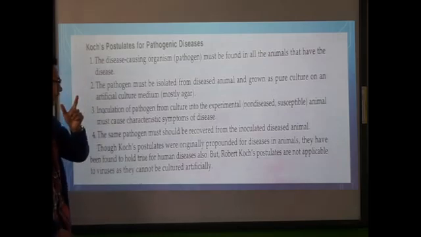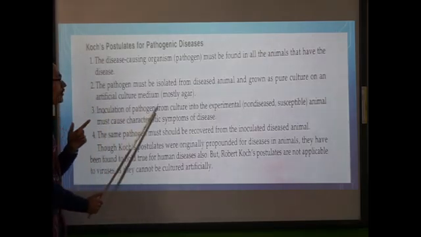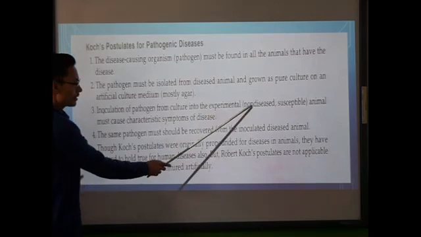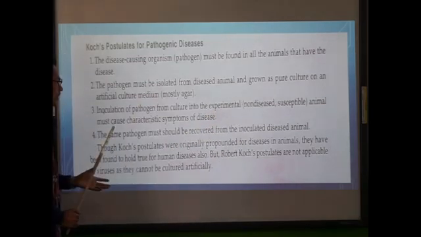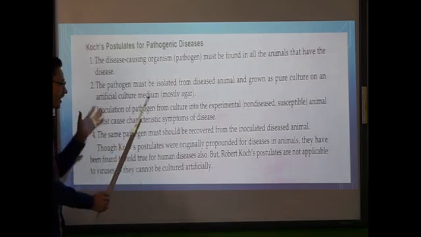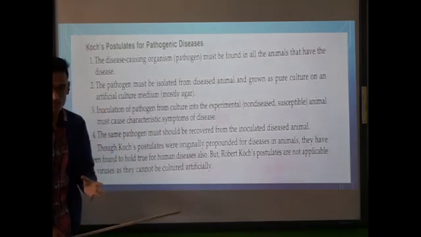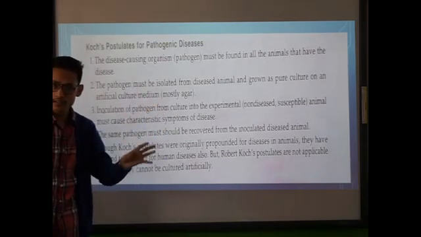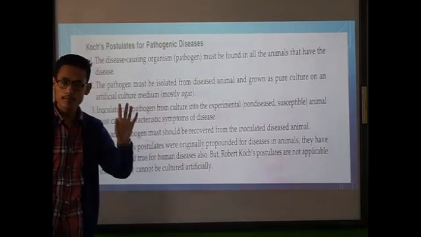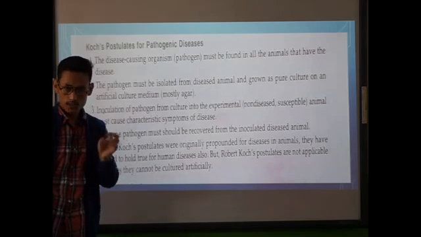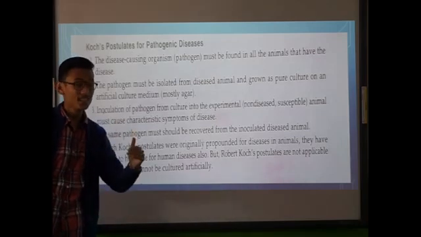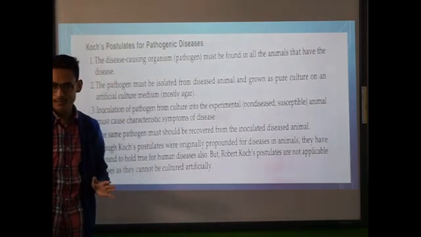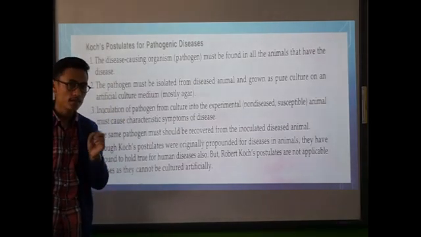Clear? Number 3: inoculation of the pathogen from culture into an experimental, non-diseased, susceptible animal must produce the characteristic symptoms of the disease. What do you mean by this? The pathogens cultured in the artificial medium must now be inoculated, introduced into the experimental animal, which must be free from disease.